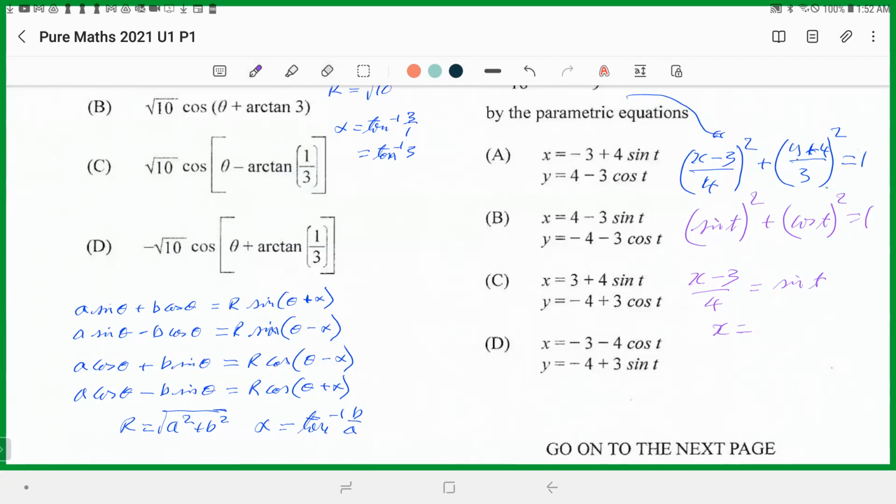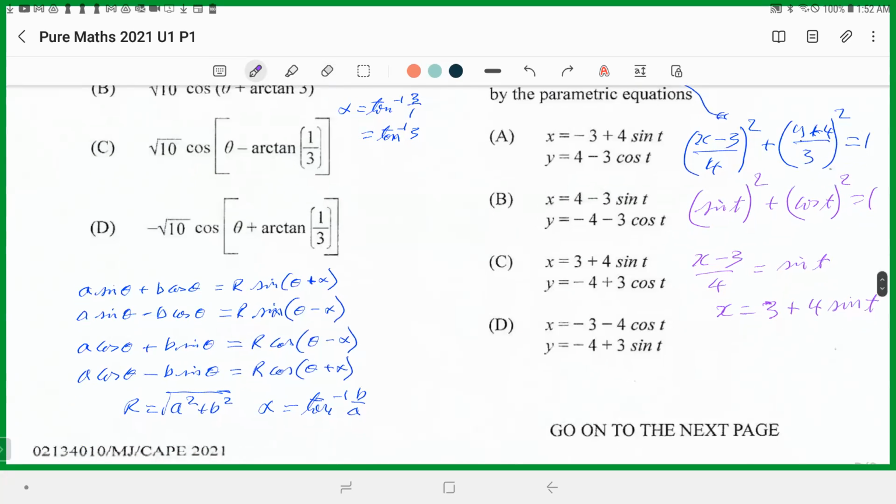And now this equals cos t, so cos t equals that, and we're going to have again y plus 4 over 3. I can look for this one now. That one is there: x equals 3 plus 4 sin t. That is the answer. I don't go any further. This is my answer right here.